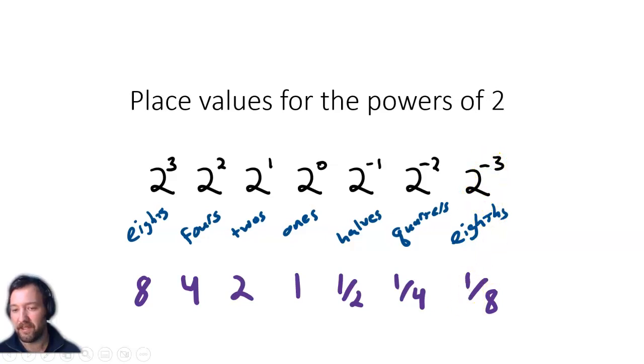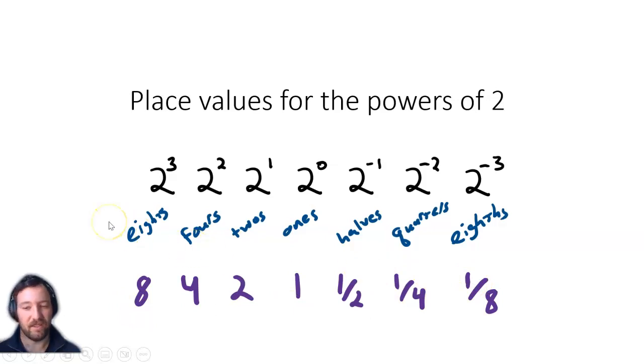That's 2 to the minus 3 is 1 over 8. 2 to the minus 2 is 1 over 4. 2 to the minus 1 is 1 half, right? Again, there's this nice, pretty symmetry between the positive exponents and the negative exponents. 4 and 1 over 4, 8 and 1 over 8.